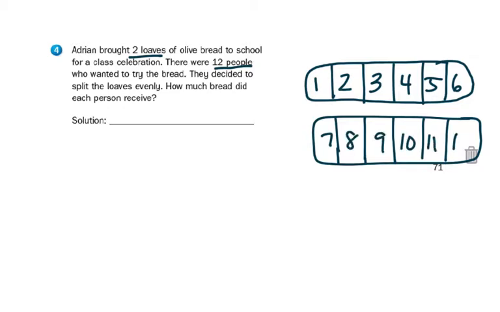All right, so how much bread did each person get? Person 1 is getting 1, and then how many equal parts is this loaf of bread in? 6, 1/6 of a loaf.